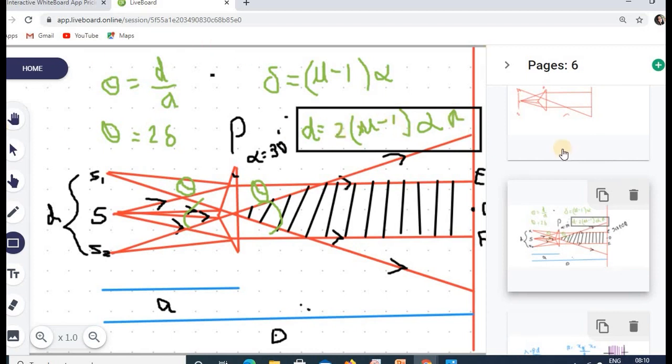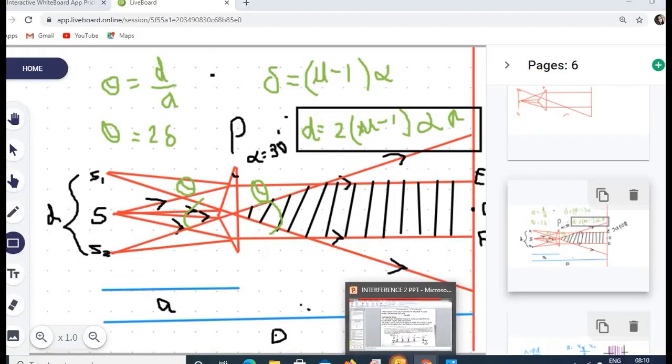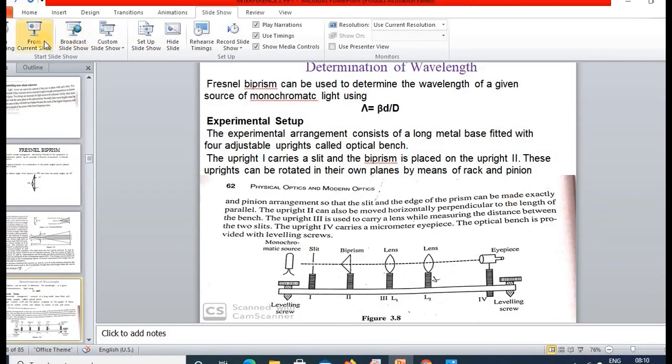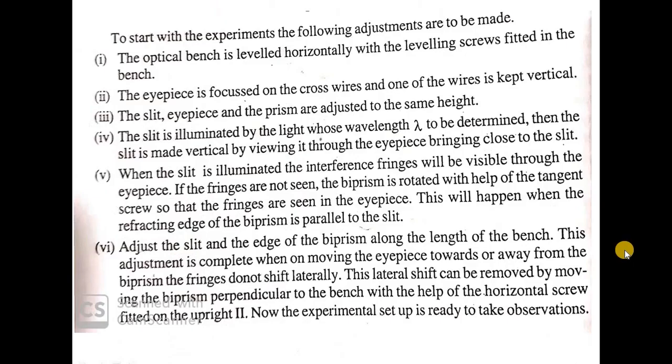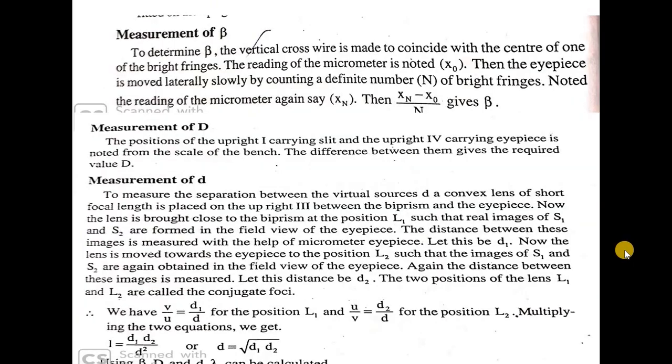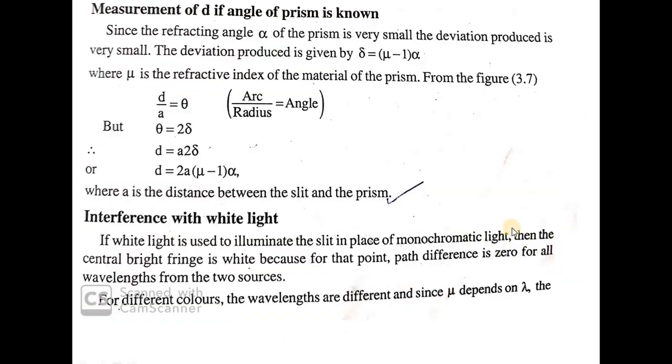Okay, hope it is clear for you, and you can see the leveling screws and all, and how you're going to measure d is equal to root of d1 d2, and similarly this expression d is equal to 2A into mu minus 1 into alpha.